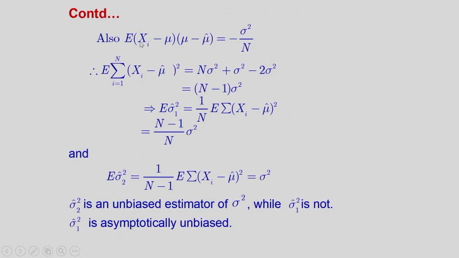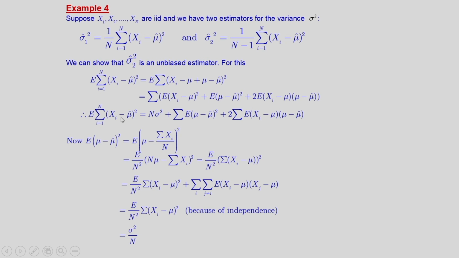And similarly we can show that E of (xi minus mu) into (mu minus mu hat)... now mu hat will involve all the random variables, but only in the case where it is xi will this expectation become non-zero, otherwise this expectation will become 0. So that way this expression will become minus sigma square by n. Therefore we have to determine E of summation xi minus mu hat whole square, i going from 1 to n.